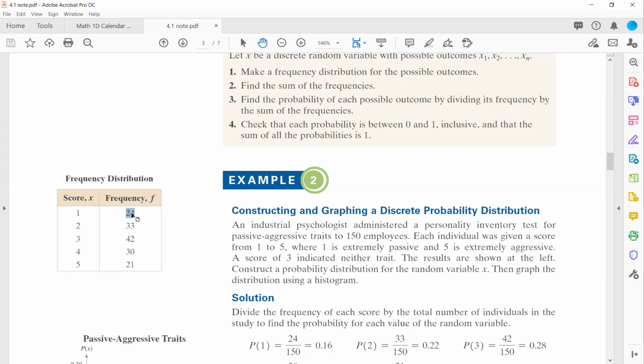So 24 employees got score 1. 33 employees got score 2. 42 employees got score 3. 30 employees got score 4. And 21 employees got score 5. We want to form probability distribution function for this variable, which is our score, and then graph the histogram.